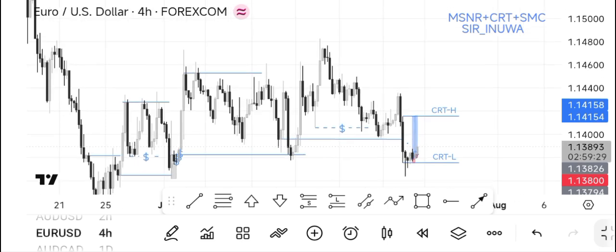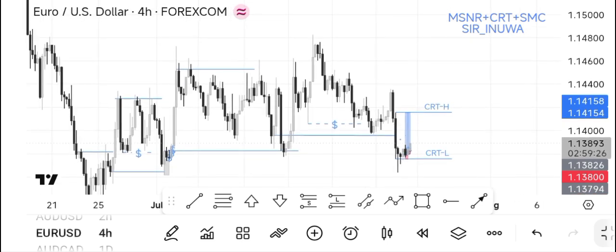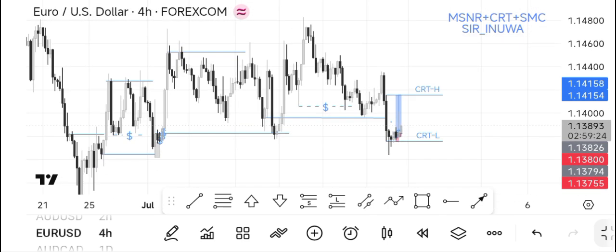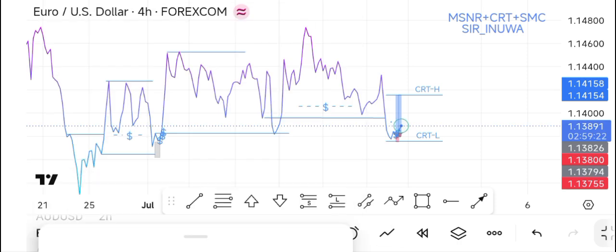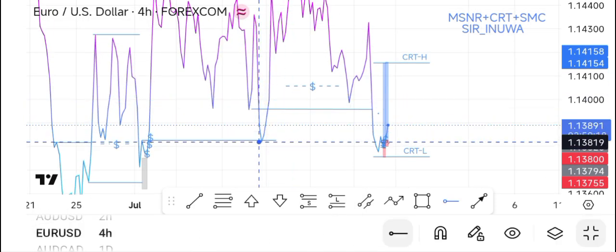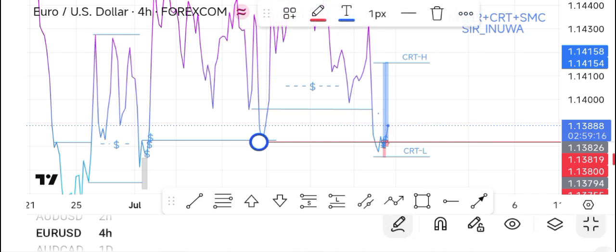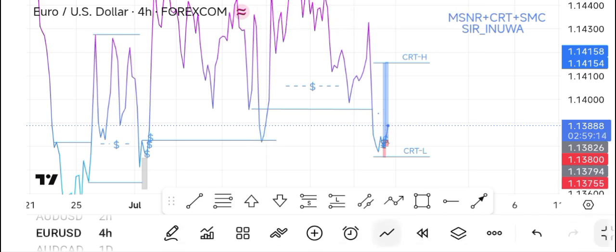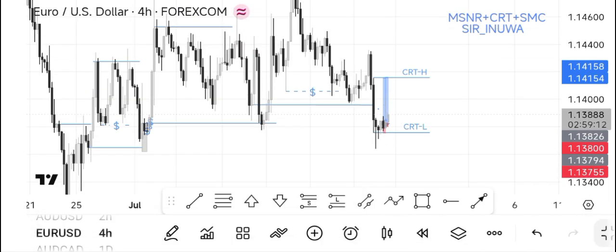You understand? So it changed structure. What is valid is valid, as you have seen. The market changed structure to bearish again.